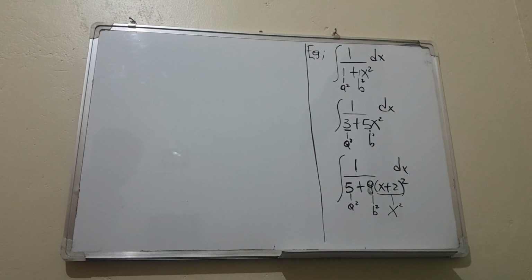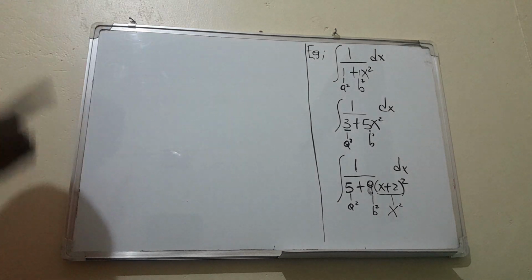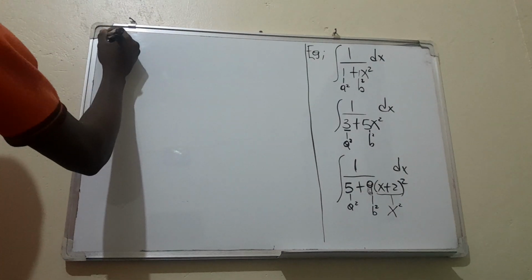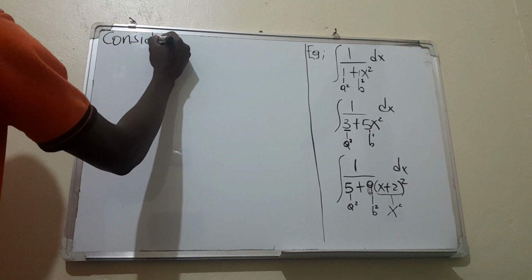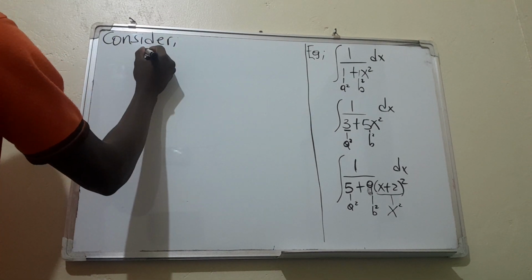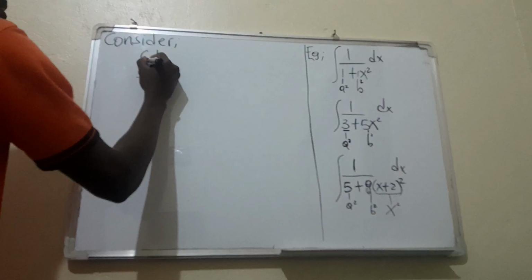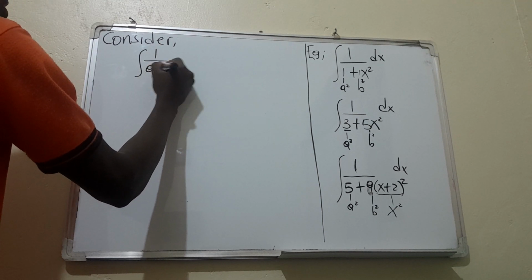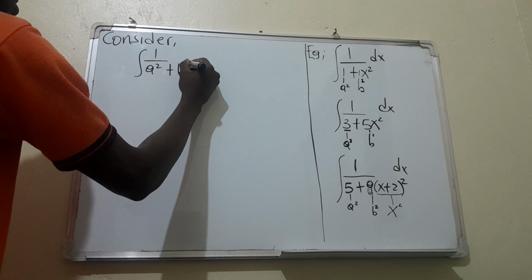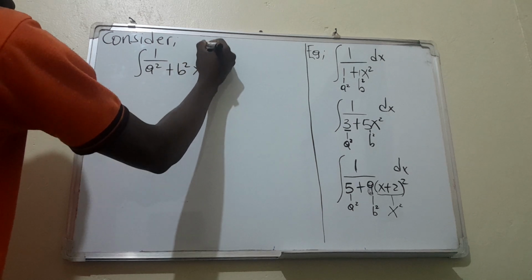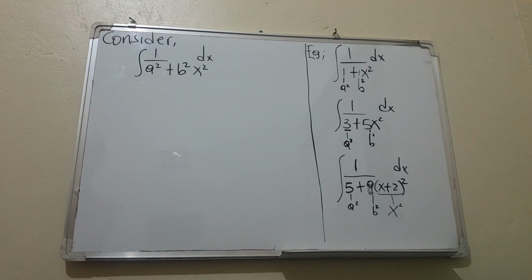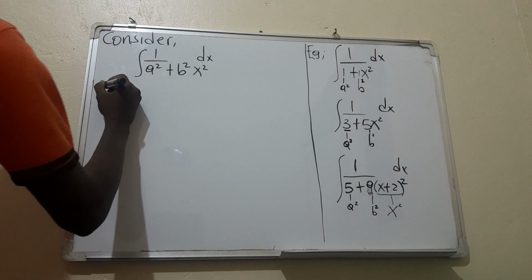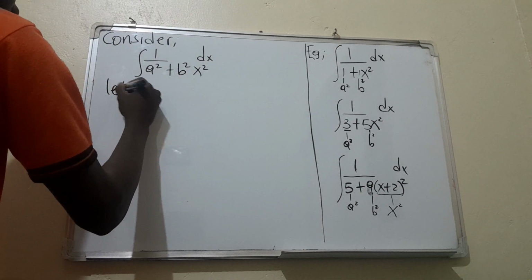So we are going to consider our general form: the integration of 1 over a squared plus b squared x squared dx. To apply tan substitution, you let in this way.